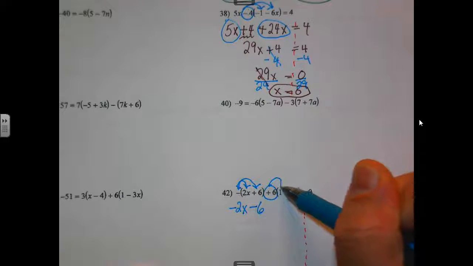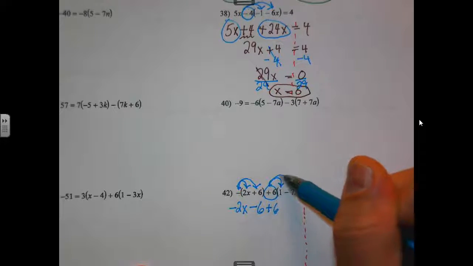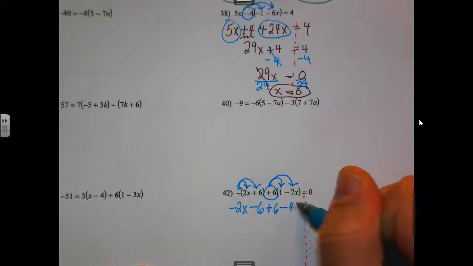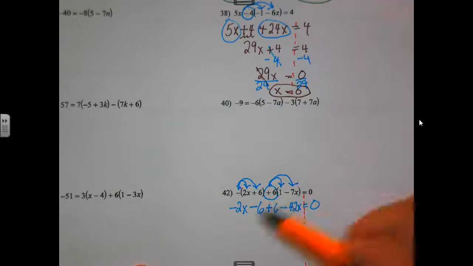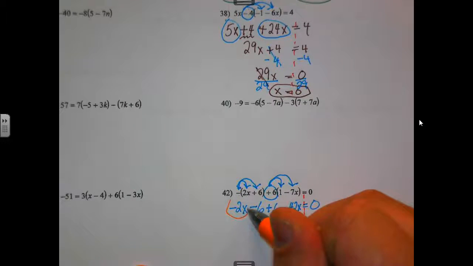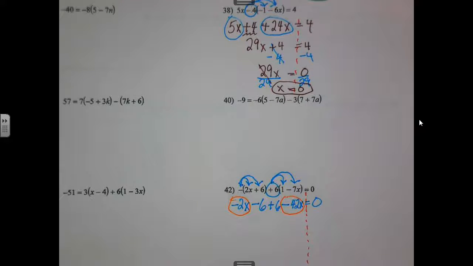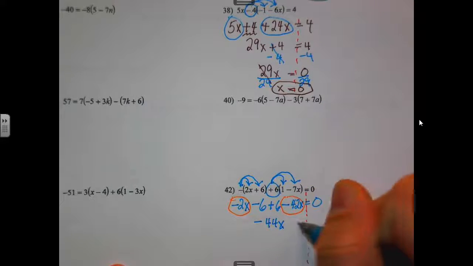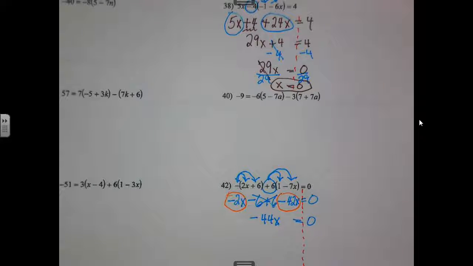The positive 6 times 1 is a positive 6. Positive 6 times a minus 7x is a minus 42x. Add like terms. I get a negative 44x. These cancel out. What's x going to equal? 0.